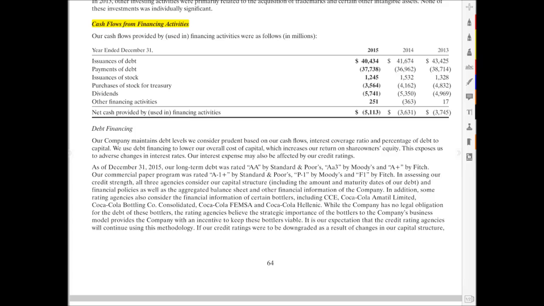And notice the negative numbers on any of these reports. If you're not familiar, again, this is real basic, but a number with parentheses around it basically means a negative number, or in a company's case, that money went out. And so this dividend, you collected that as a shareholder, but Coca-Cola, the company, had to pay $5.7 billion in dividends last year.